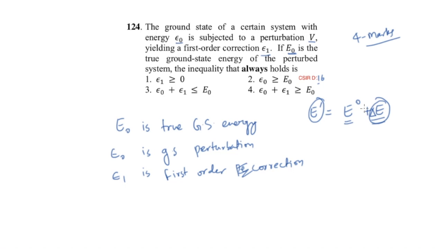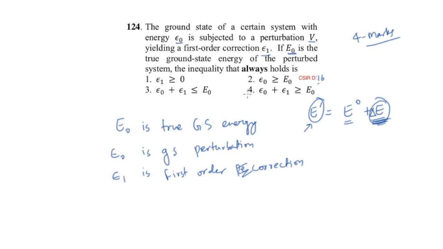So that means whatever we calculate will be greater than or equal to the true value. Try to understand once again: whatever we find out from the perturbation theorem will always be greater than or equal to the actual energy, because you are just trying to find out this extra part of it. So whatever energy you calculate has an extra part compared to the actual energy, so it will be greater than or equal to your actual energy.